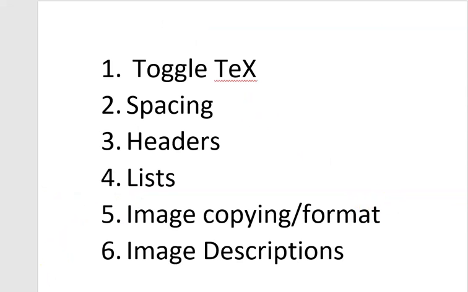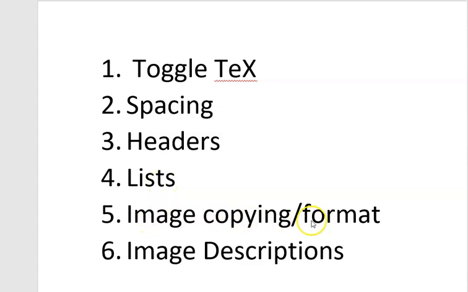So some of the main ideas covered in this video are toggling the tech to copy and paste as text only to not have all those formatting issues. Then dealing with the spacing and the headers and formatting it the way we want, and also the lists, bringing the lists in appropriately.